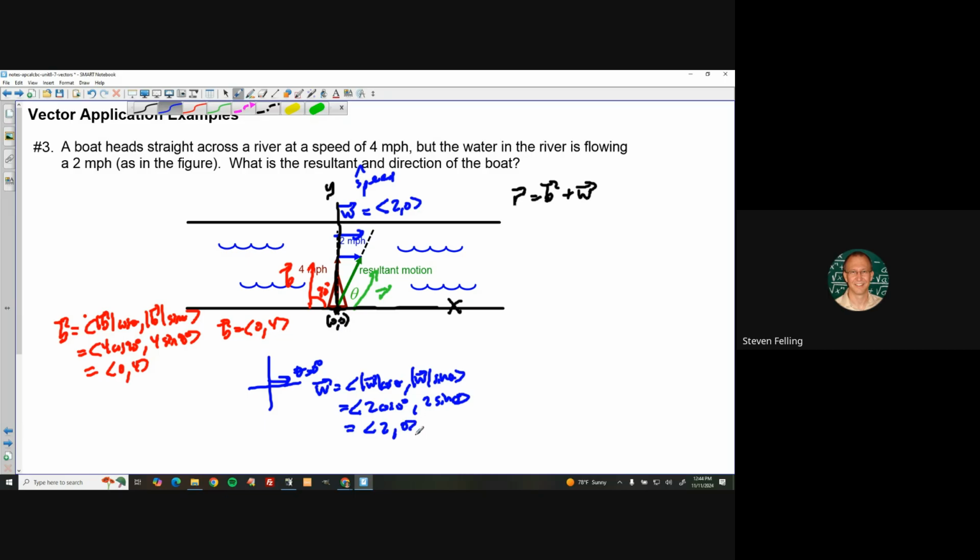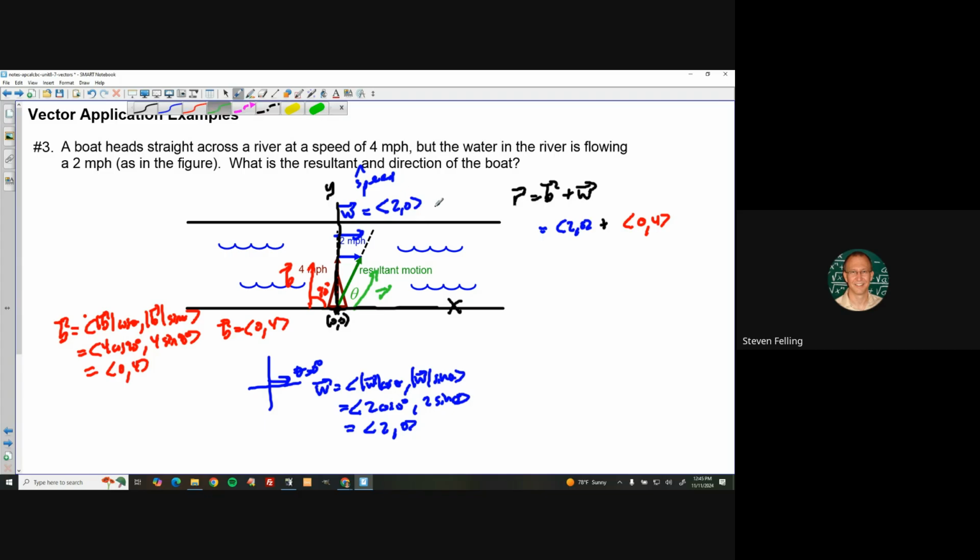Okay? But whether or not you use the magnitude and angle, or just get these by inspection, that means the water vector turns out to be 2, 0, and the boat vector turns out to be 0, 4.